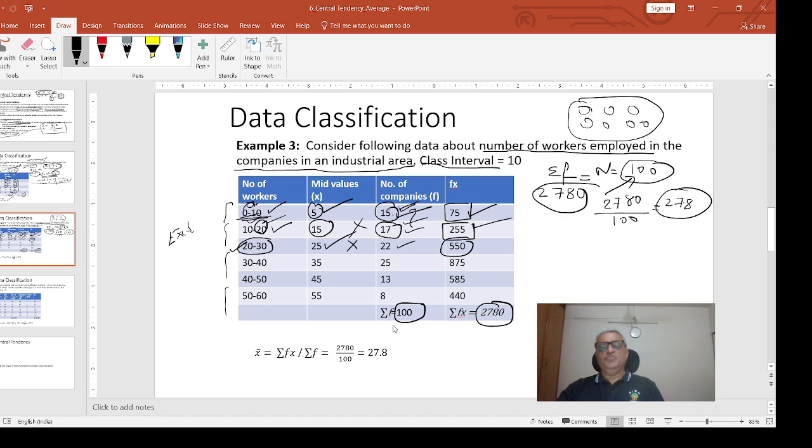So 27.8 is the average number of employees per company, right? Now you can round it up to 28, because 27.8 employees can't physically be available, so it will be 28 after rounding. So let's move on.